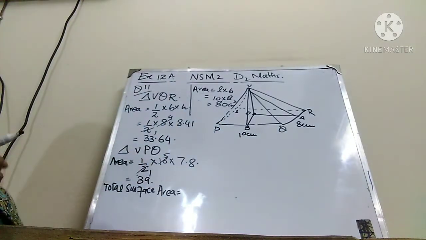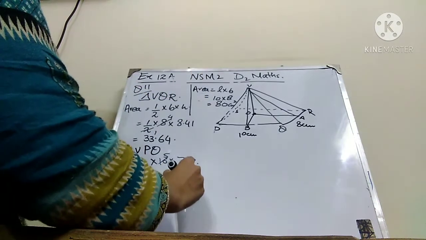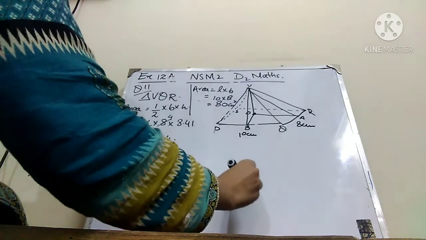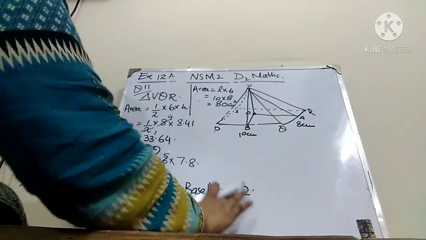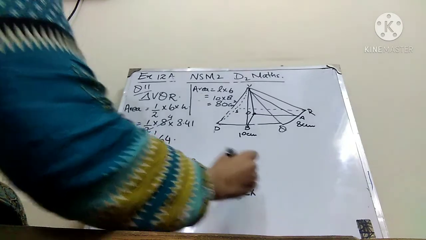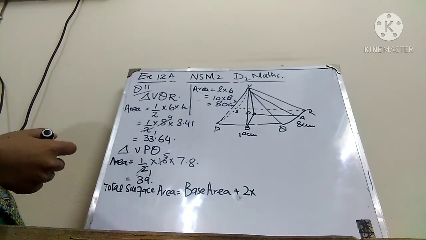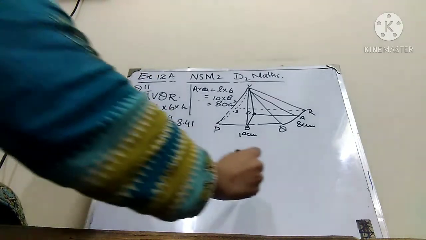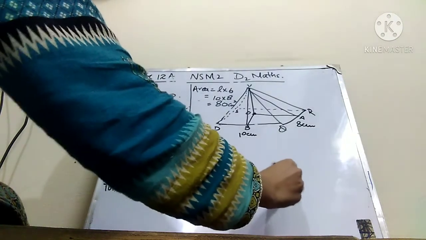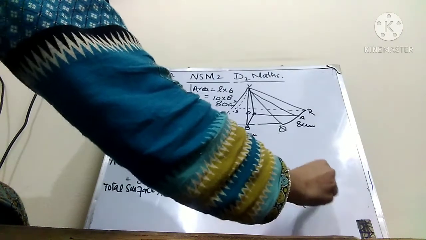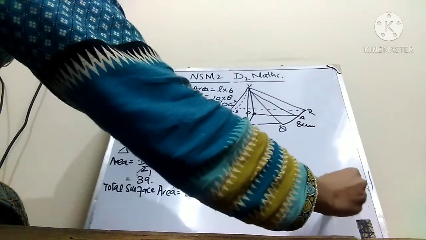Total surface area is base area, which is the rectangle, plus 2 multiplied by this triangle VQR. Why am I multiplying with 2? As you can see, it's a pyramid, so it has this triangle VQR on both sides, and in the same way plus 2 multiplied by this triangle, VPQ.